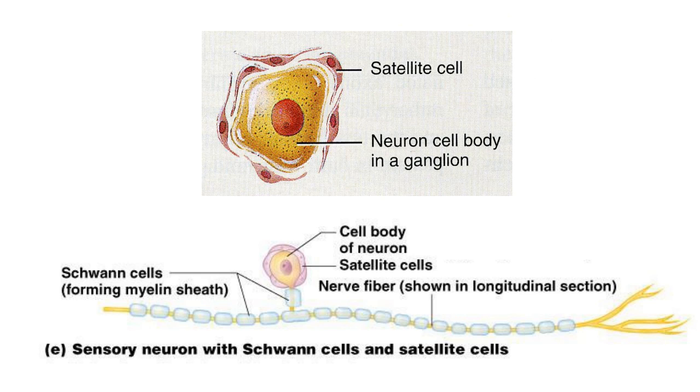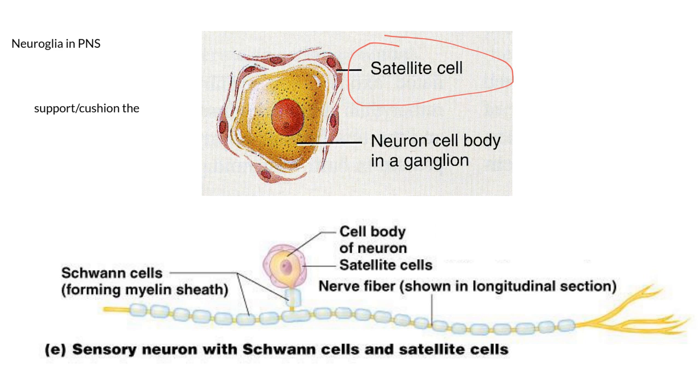So now we're going to shift our focus to the peripheral nervous system. So we're still talking about neuroglia. This time, though, we're now shifting to the peripheral nervous system, and we have two of them that we would like to talk about here. The first one is what we call a satellite cell. And satellite cells are really just support cells. They offer support, and they can offer physical support.